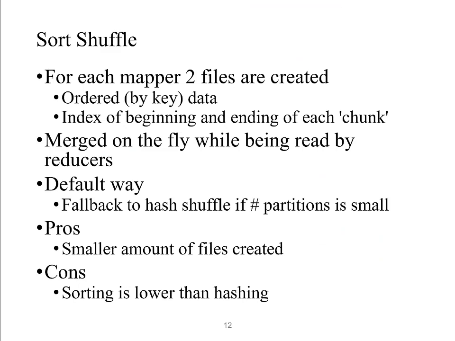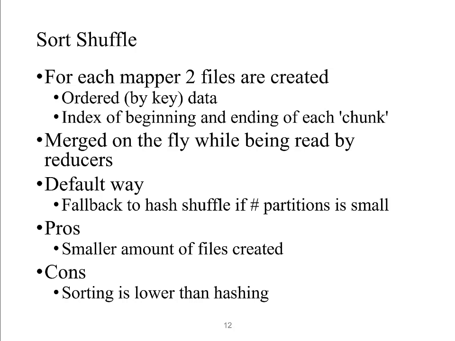So interestingly, the hash shuffle was proposed to overcome the shortage of sort shuffle, but very soon, the designers of Spark realized that hash shuffle has its own problem. So they went back and used sort shuffle again.